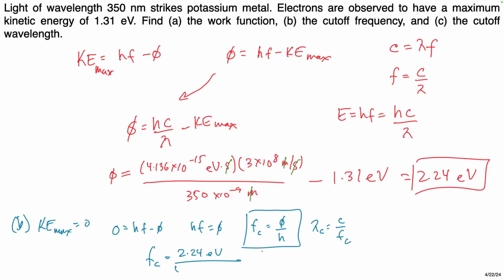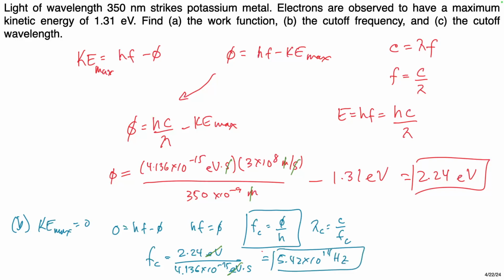So I'm going to use the 4.136 times 10 to the minus 15 electron volts times seconds. Again, my electron volts will cancel. I'll end up with an inverse seconds, which is a hertz, which is what I want. And this turns out to be 5.42 times 10 to the 14 hertz.